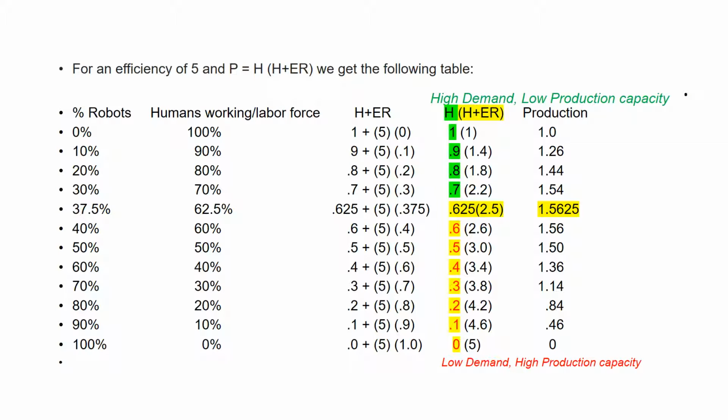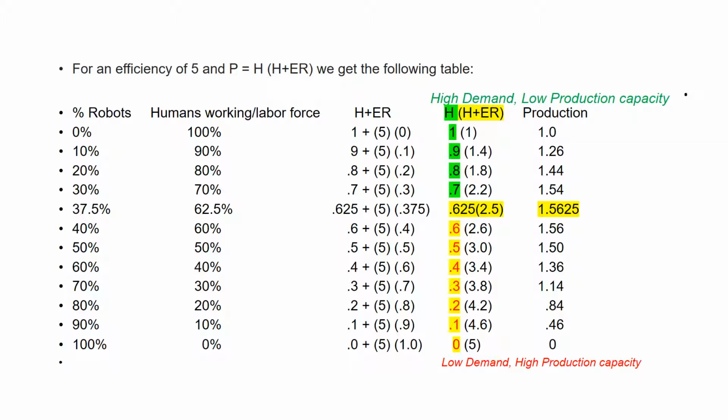For an efficiency of 5, we have the following table. Note the green shaded H and numbers 1, 0.9, 0.8, and 0.7. These numbers represent 100%, 90%, 80%, and 70% employment. This is the high demand section because a high percentage of the available working population earns a paycheck.